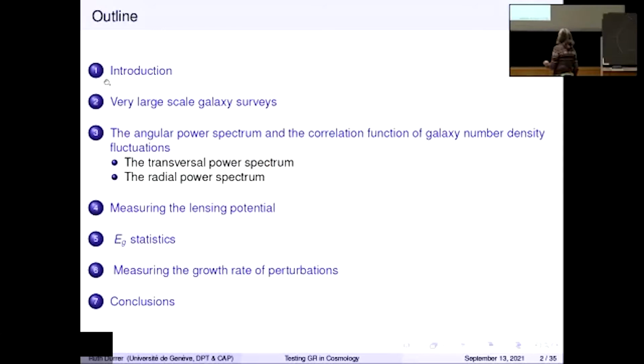We'll talk about the simplest statistics which we form with them and show how we can measure the lensing potential, which is just a weighted gravitational potential along the line of sight to these galaxies, and how we can use this to test the theory of gravity with, for example, the EG statistics, or by measuring the growth rate of perturbations.